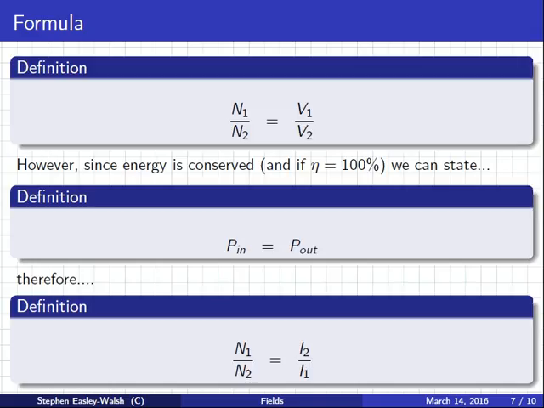So those are the 3 formulas you need for transformers. N1 over N2 equals I2 over I1.